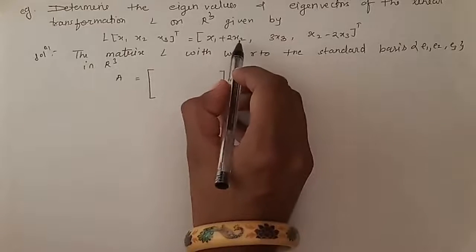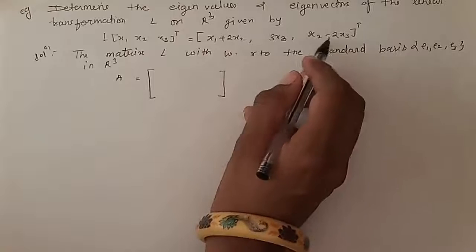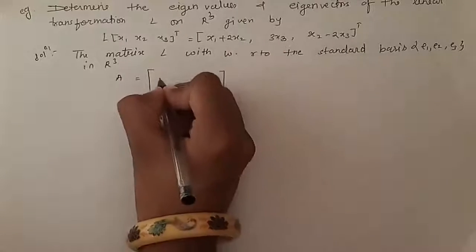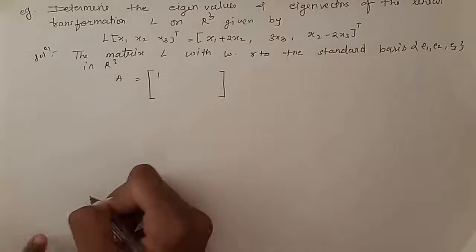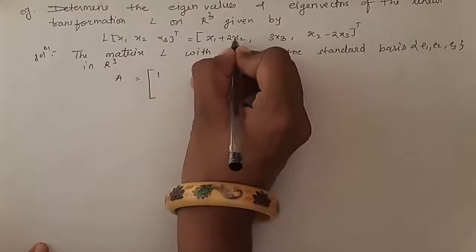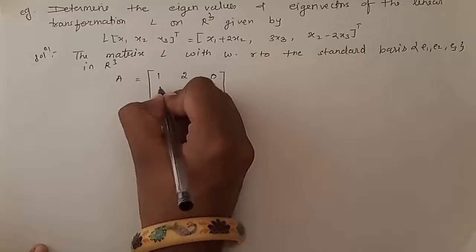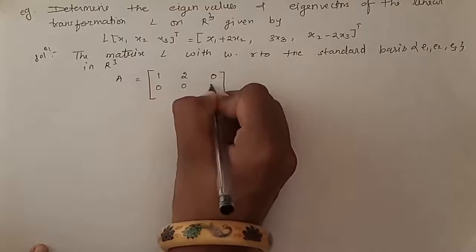So here x1 plus 2x2, 3x3, x2 minus 2x3 is given. Transpose of this means we have the first coordinate as 1, and the coefficient of x2 is 2, so here we will write 2. x3 is missing, so we will write 0. Again only x3 is there, so 0 0 3.